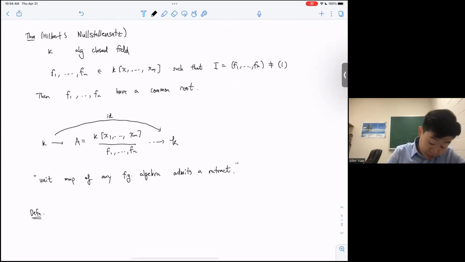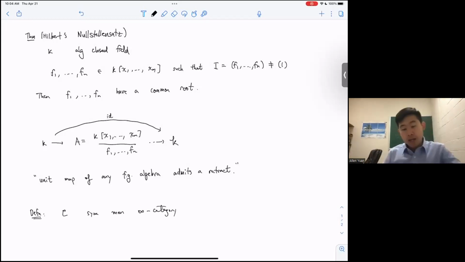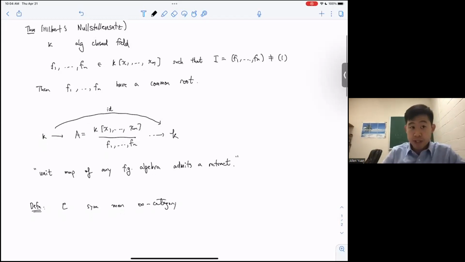So you can make a definition. So for C, any symmetric monoidal category or infinity category, you can say what it means for an algebra to satisfy Null-Stellensatz.